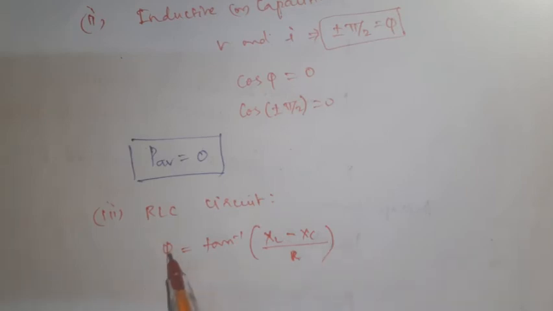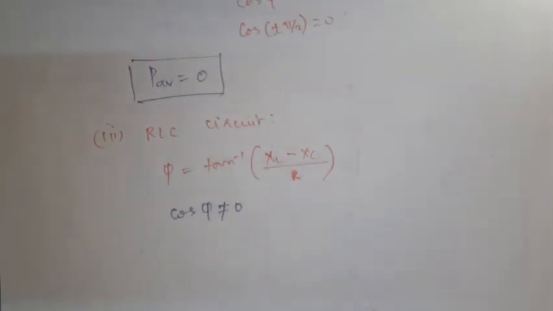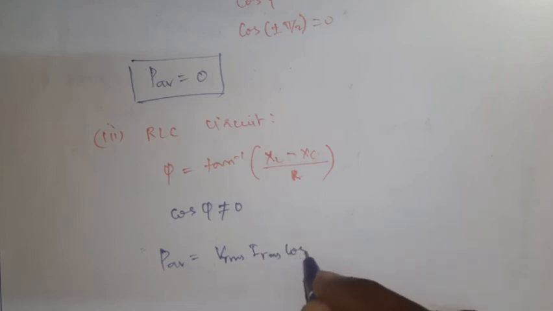So the phi value depends on these three factors, so cos phi is not equal to 0. If cos phi is not equal to 0, then the average power is also not equal to 0. The average power is PAV equal to Vrms Irms into cos phi.